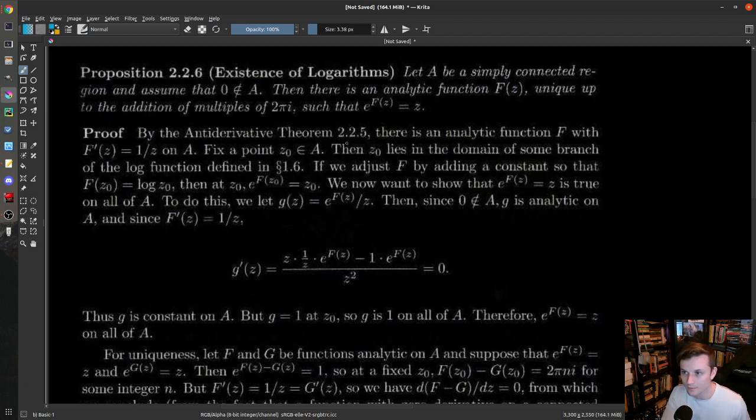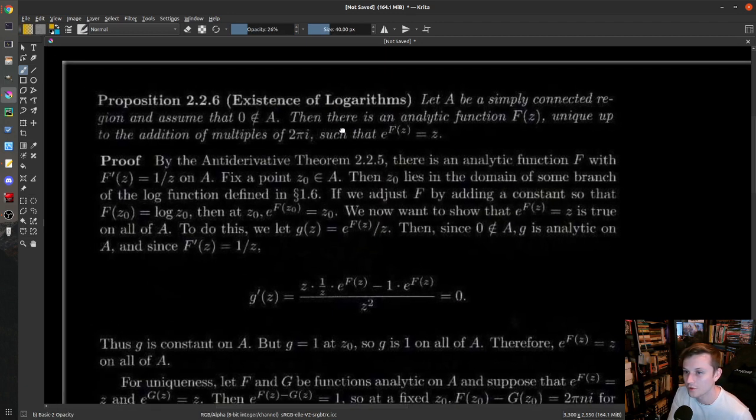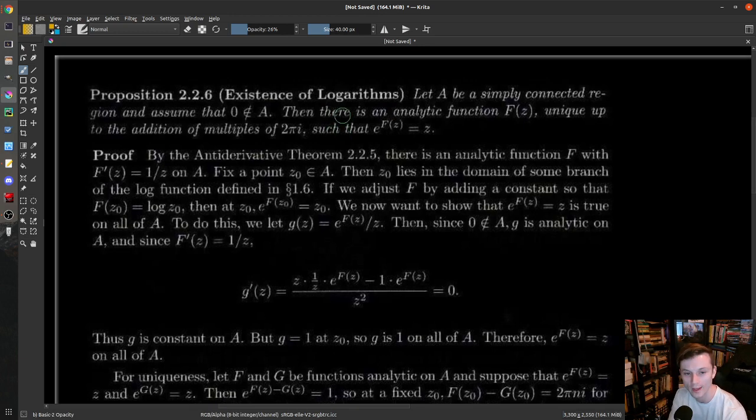So, the existence of logarithms. Proposition 2.2.6, and this is what will answer our little concern about things like 1 over z as opposed to 1 over z squared contour integrated about the unit circle. And it also gives us a more robust version of what we were talking about with branches of the natural logarithm function.